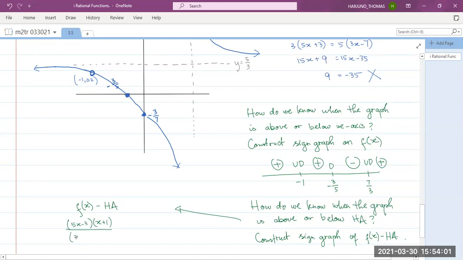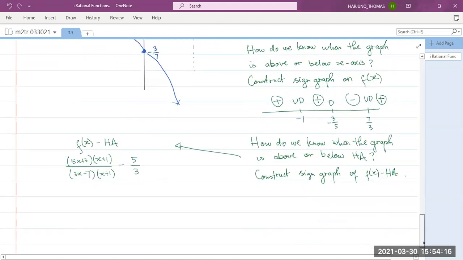Now you subtract that with the horizontal asymptote 5/3. Again, our goal is to construct a sine graph, but for us to do that, we need to simplify this first. So we will get, this is multiplied by 3 on the top and the bottom.